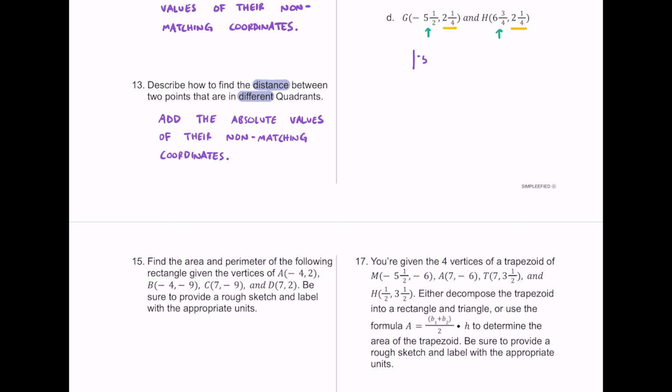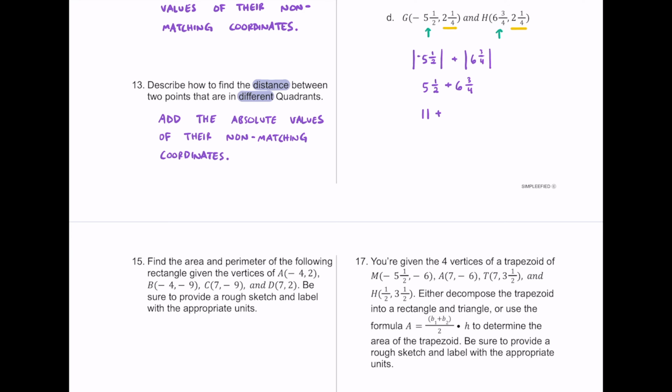Let's do the absolute value of -5.5 plus the absolute value of 6 3/4. Let's add these two together. The absolute value of -5.5 is just positive 5.5, and the absolute value of 6 3/4 is just 6 3/4. When we add these together, 5 plus 6 is 11 units.